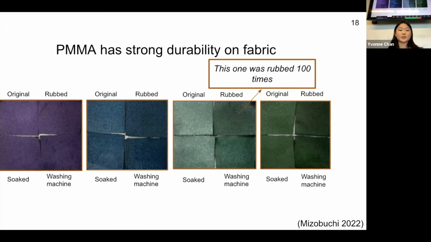And the third test was that we simulated a miniature washing machine by putting a drop of dishwashing soap and water and then stirring the spray-coated fabric on a hot plate. Then it was stirred with just water and dried. For all 3 tests, the saturation of the PMMA was mostly maintained, indicating that PMMA has considerably high durability to stay on cotton fabric.